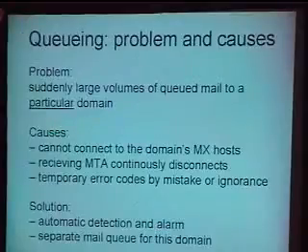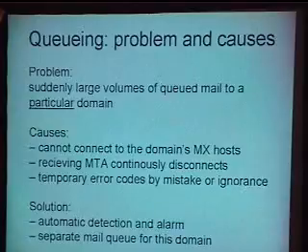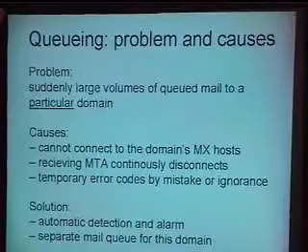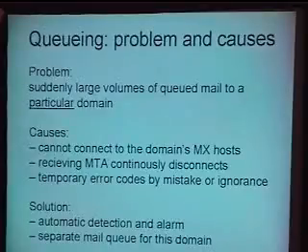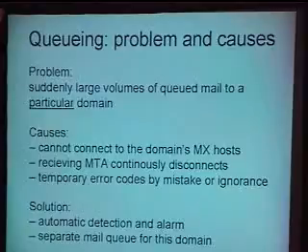Okay, the next problem, which has to do with scalability, is probably the most serious problem for a large mail installation, which is queuing. The problem is basically that suddenly you get large volumes of queued mail for some particular domain, typically some big and slow domain.